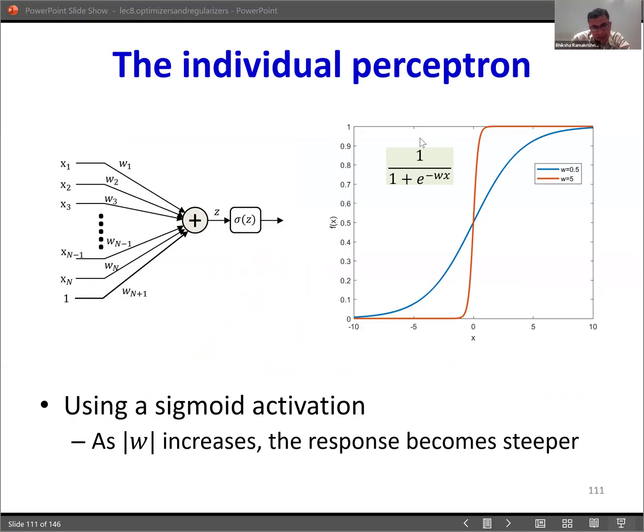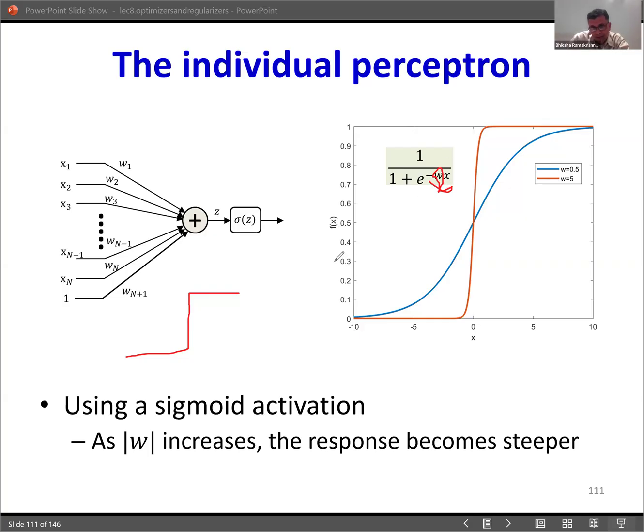A sigmoid activation function has the formula 1 over 1 plus e raised to minus wx, where w is a parameter, right? If w is allowed to increase in an unbounded manner, when w is infinity, a sigmoid simply becomes a threshold, like so. If w is very large, it's still going to end up looking very close to a threshold. It's a smooth function only when w is bounded in value.